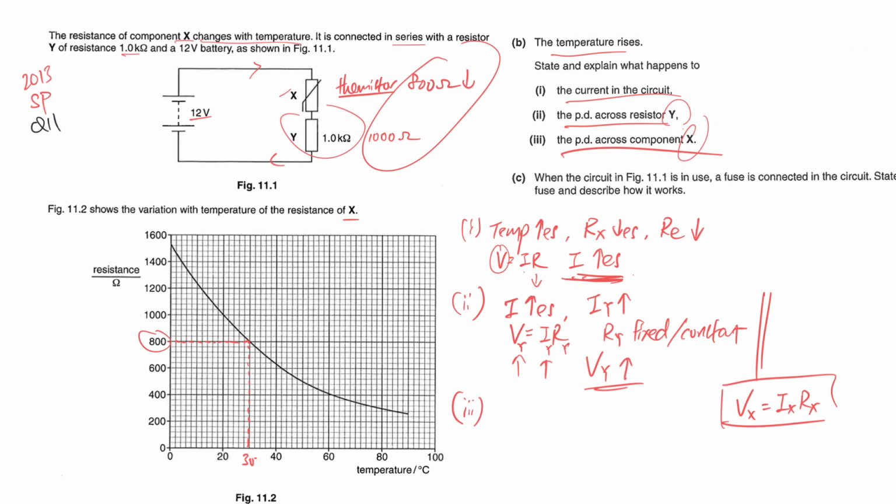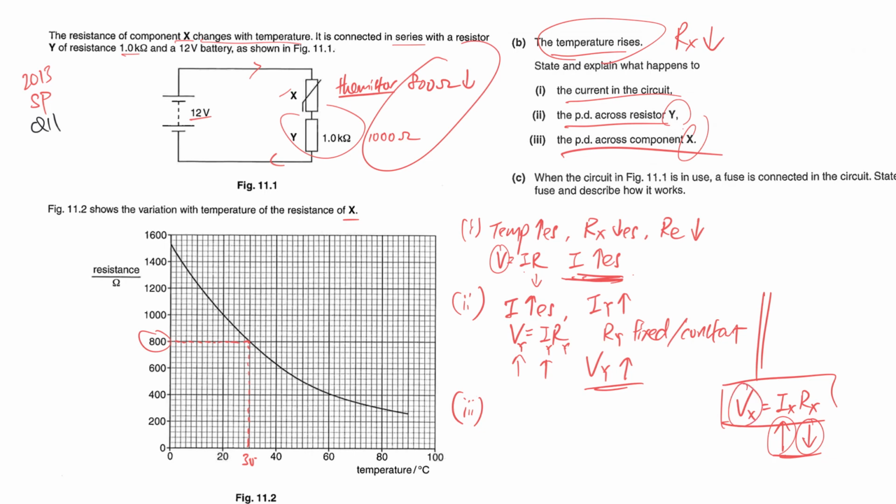Why is it so? You already say that the current for the whole circuit is going to be higher, so likewise the current through X. But because the temperature rises, the resistance of X will be decreasing. One is increasing, one is decreasing, there's no way you can convince the marker what will happen to your Vx.